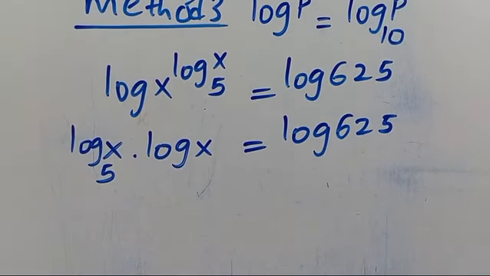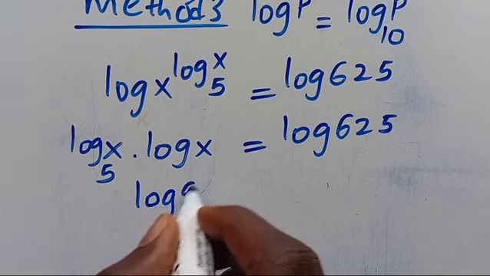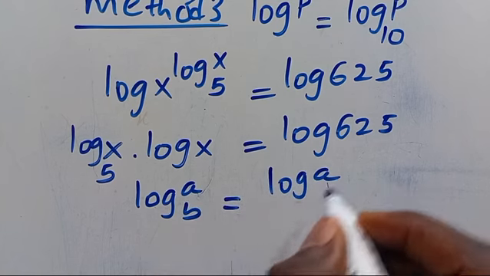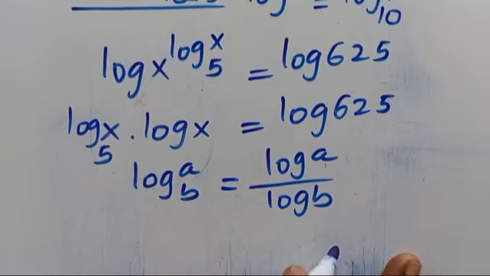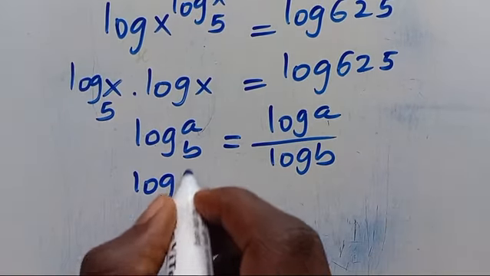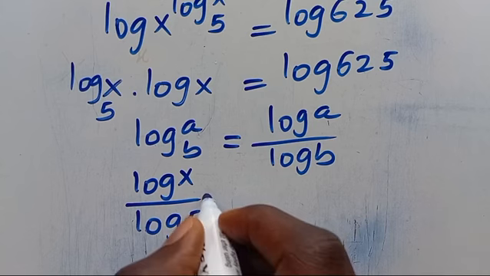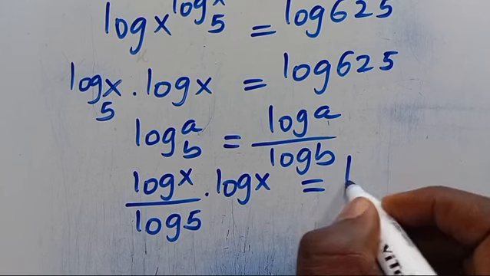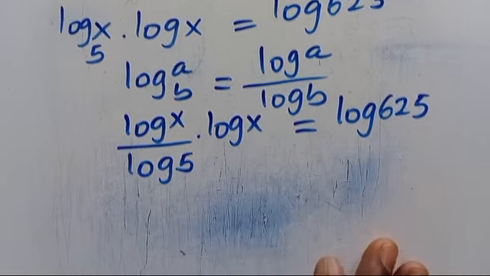So from here, we can write this. Recall that when we have log a in base b equals log a divided by log b. So applying to this one, we have log x divided by log 5 multiplied by this log x equals log 625.